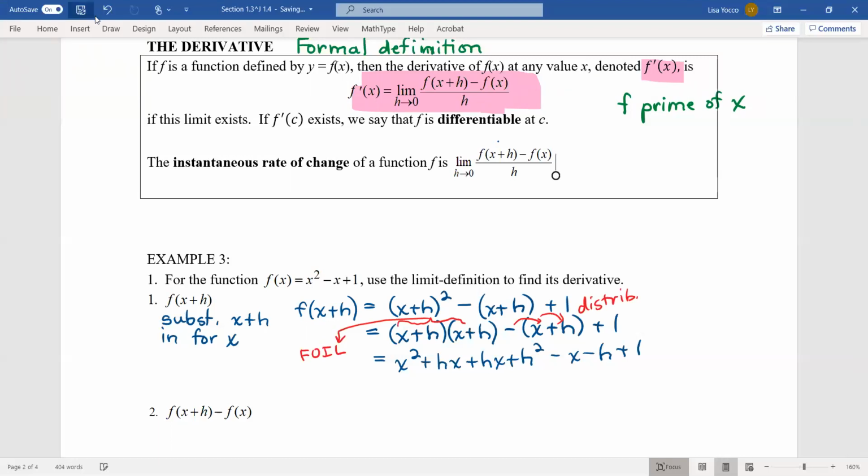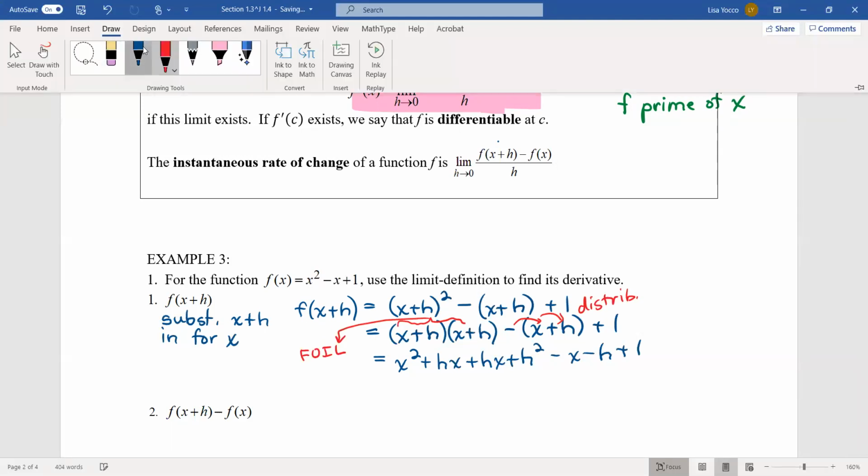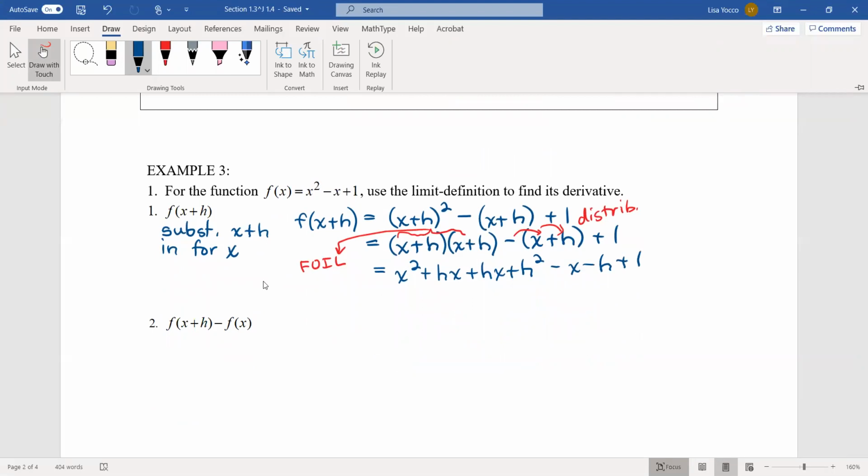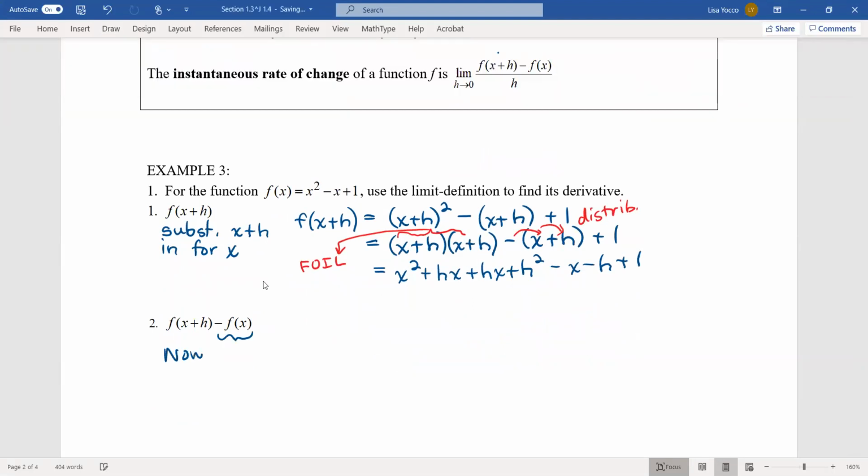The second step says, okay, continue from what you did in step 1, subtract f of x. So now subtract the original function.